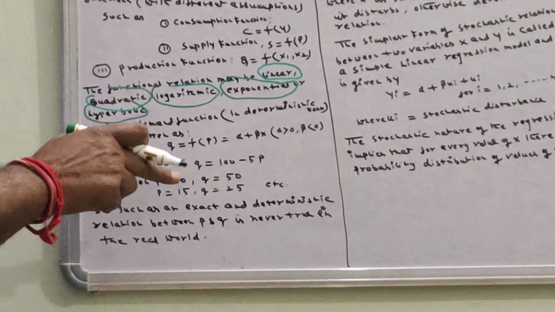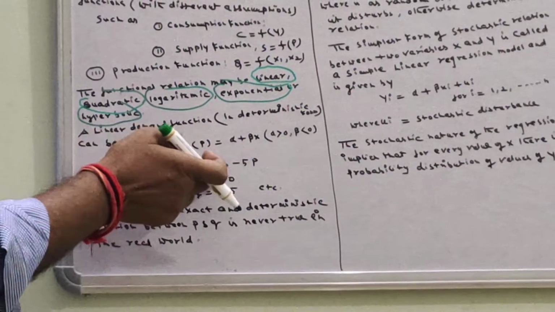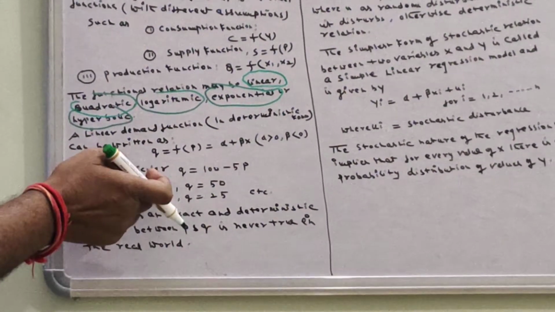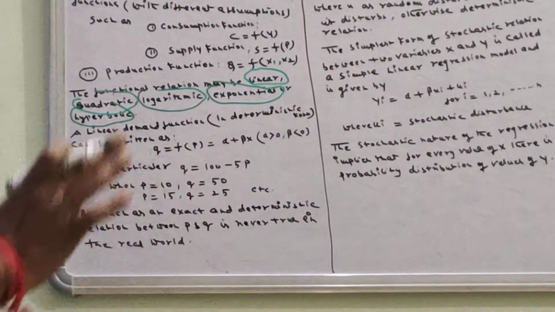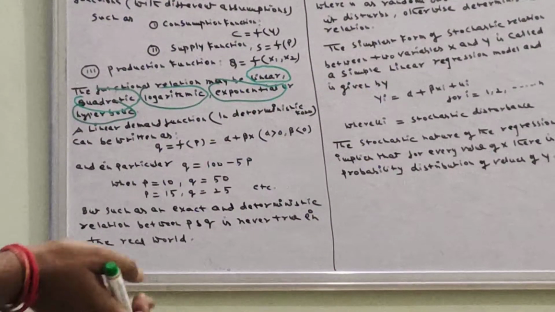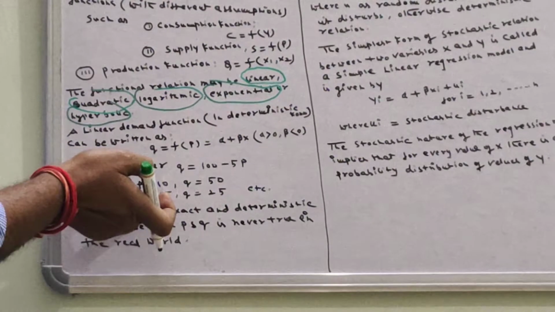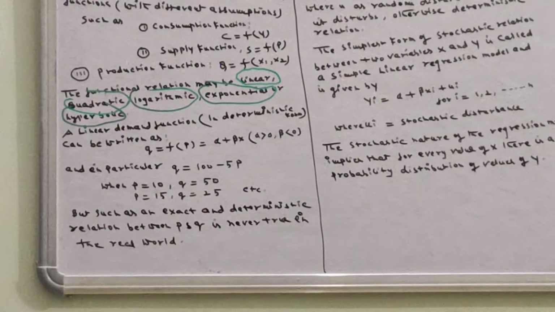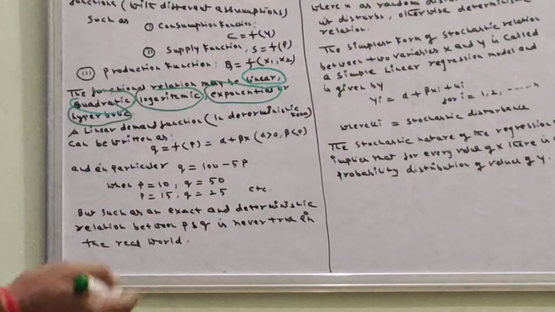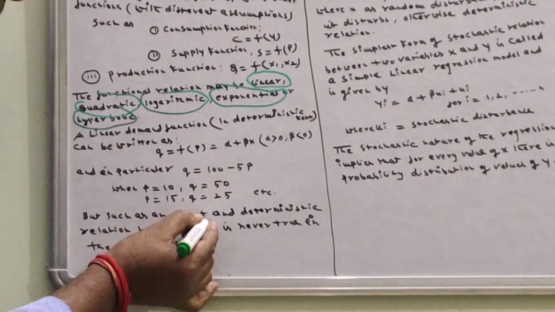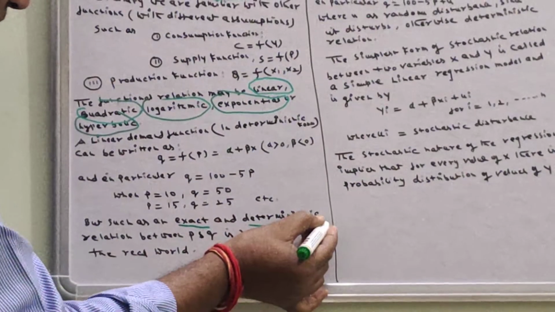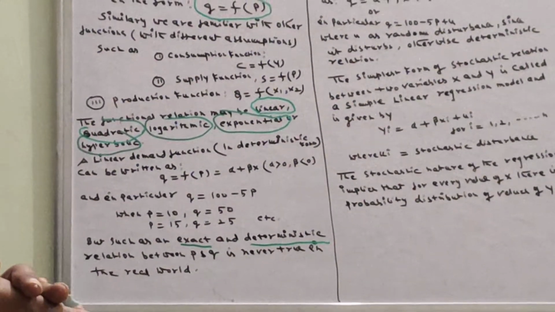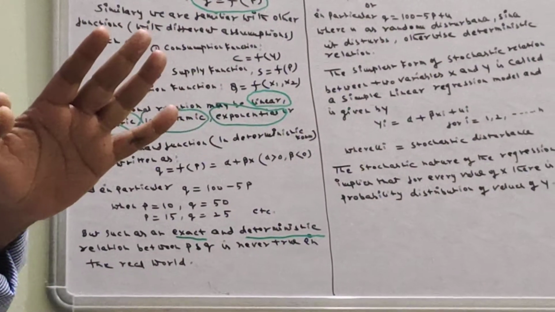In particular, suppose that Q equal to 100 minus 5P. When P equal to 10, then Q equal to 50. Suppose that when P equal to 15, then Q equal to 25, etc. But such an exact and deterministic relation between P and Q is never true in the real world.